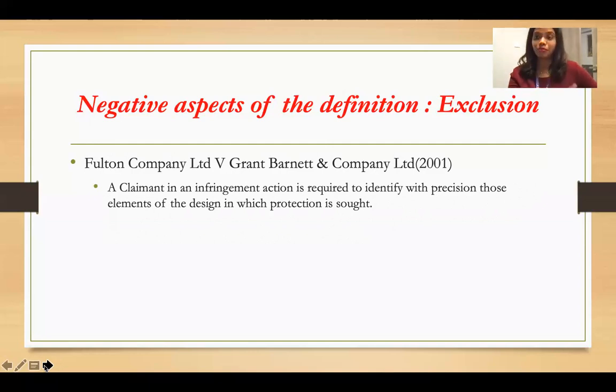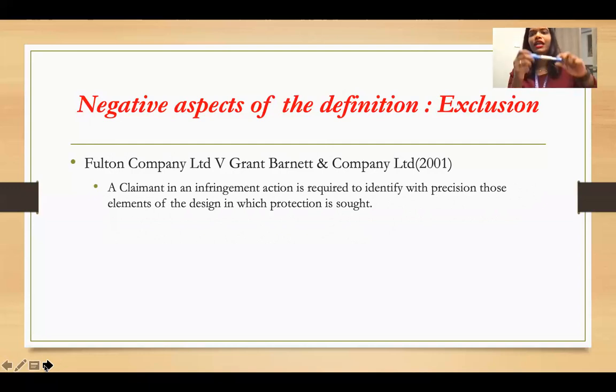Because remember, in the previous 2 slides, I explained that sometimes you can exclude one part and only talk about the other parts, correct? So because of this, it has to be very clear on what you are actually trying to rely on, which elements of the design you are seeking protection for. Everything must be very clear.